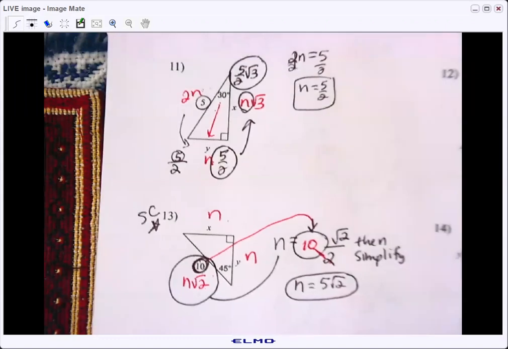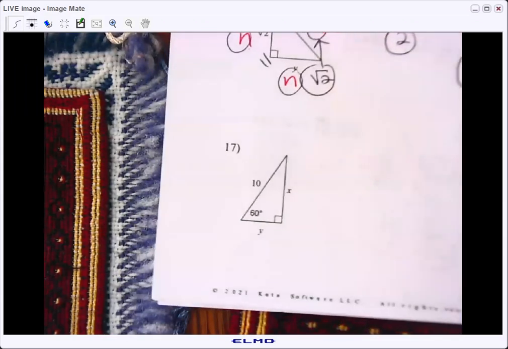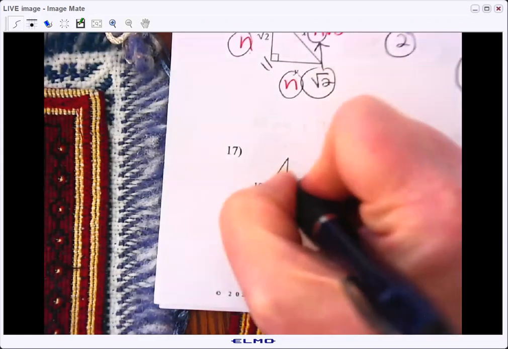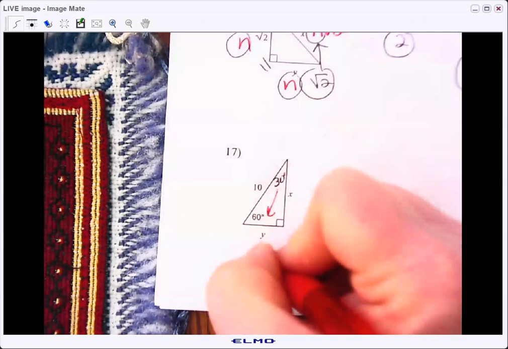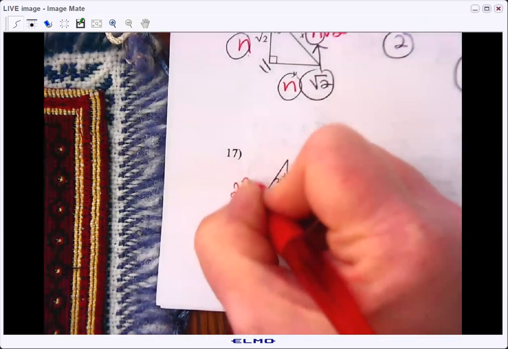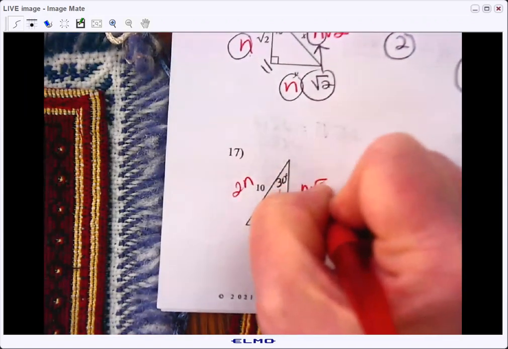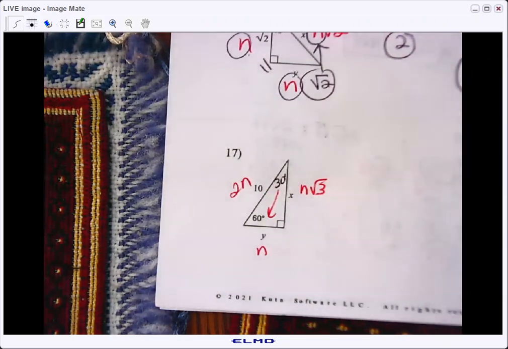Okay, let's do 17. Okay, so here's my 30-degree angle and labeling. I have n, 2n, and n root 3. Okay, so in the chat box, tell me what n is.